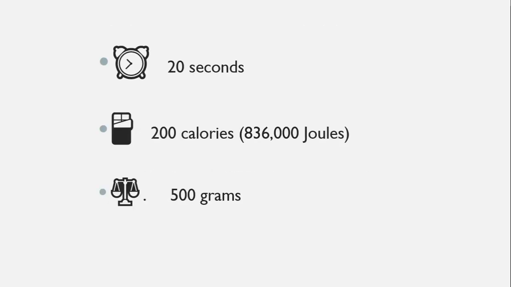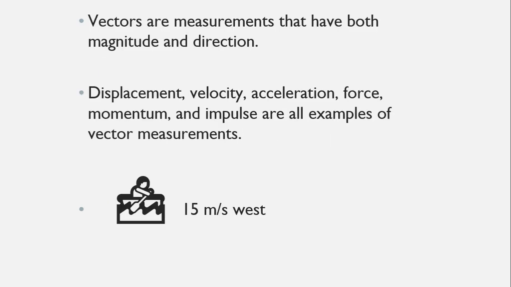Okay, so some examples of scalar quantities are time, calories, and grams. Those don't have any kind of direction to them. They're just the numbers and units. Vectors have magnitude and direction, so it's the number and unit and the direction.